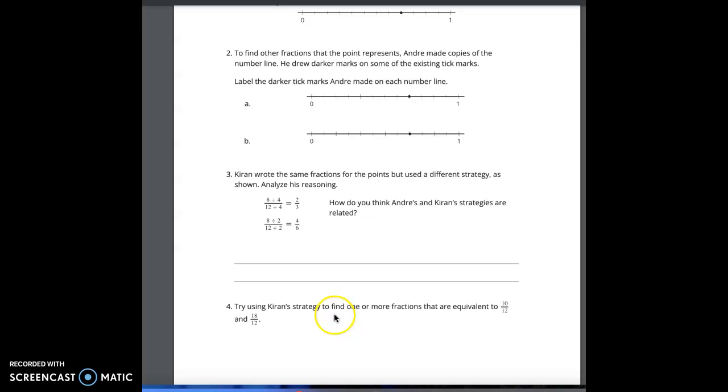So you then are supposed to use Kieran's strategy to find one or more fractions that are equivalent to 10/12 and 11/12. So that was Andre's way. So that was Kieran's way. So what you're going to do is you're going to take 10/12 and you're going to divide it by something that they both have in common for a factor.